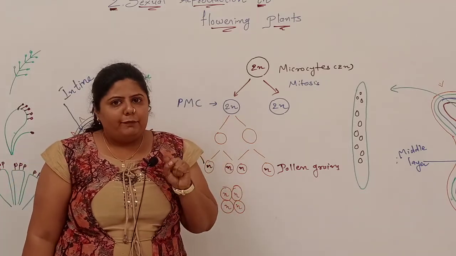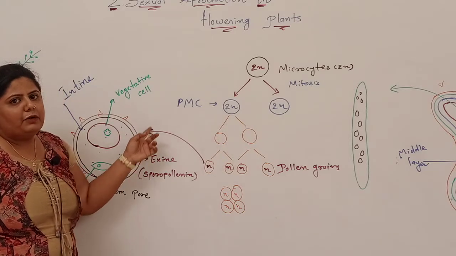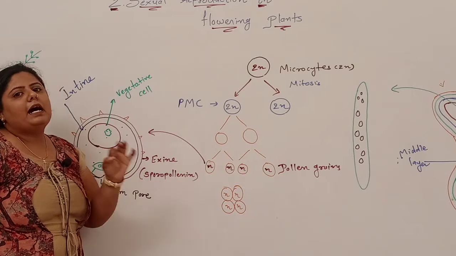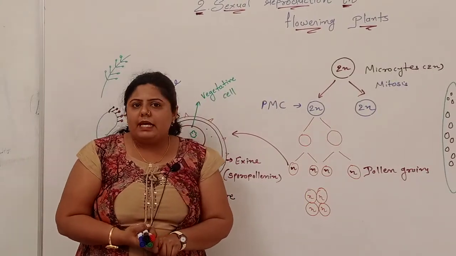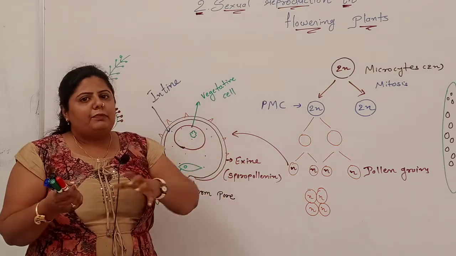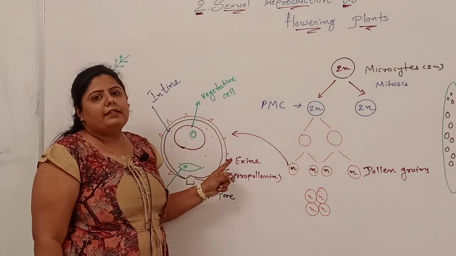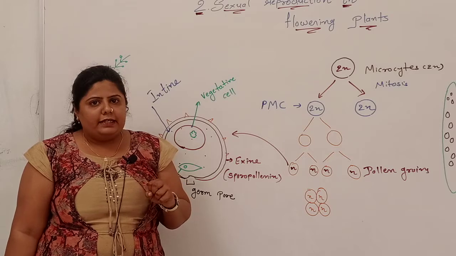Now the structure of pollen. Pollen contains 2 layers. Exine, the outer layer, which is made up of sporopollenin, the hardest material that is not dissolved by acid or base or degraded by enzymes. That's why pollen can be stored for many years. Second layer, intine, made up of cellulose and pectin.